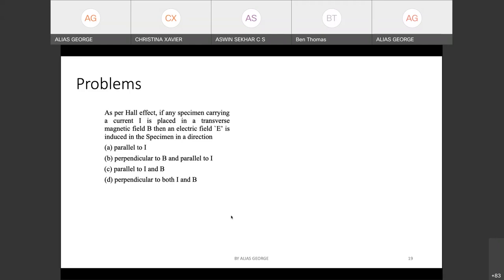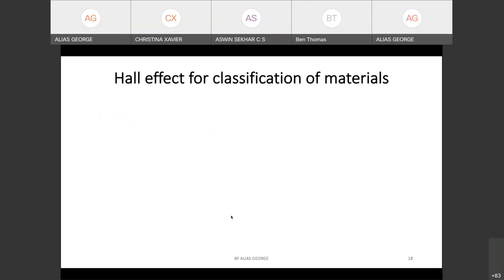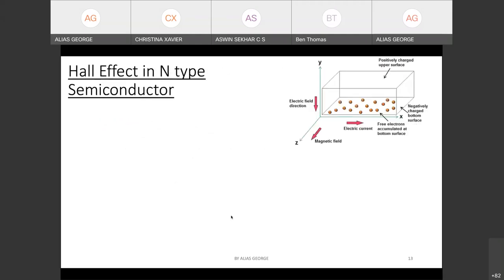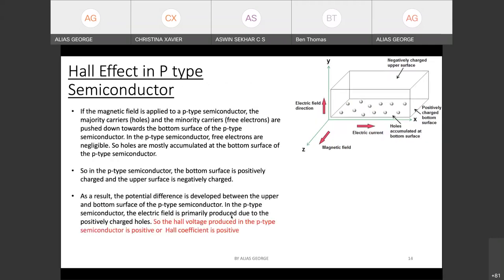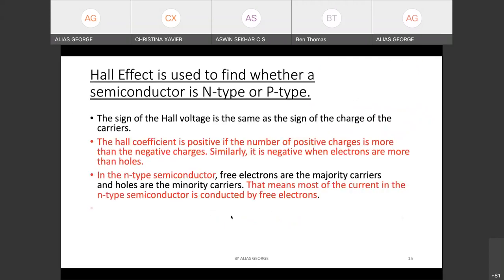You can see the figure of the specimen and answer that question. Electric field, magnetic field: where is the induced electric field direction? Is it parallel to the direction? It is perpendicular to both. Right, so you answered that question.